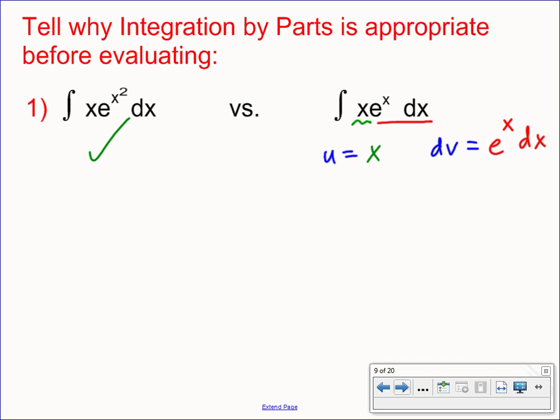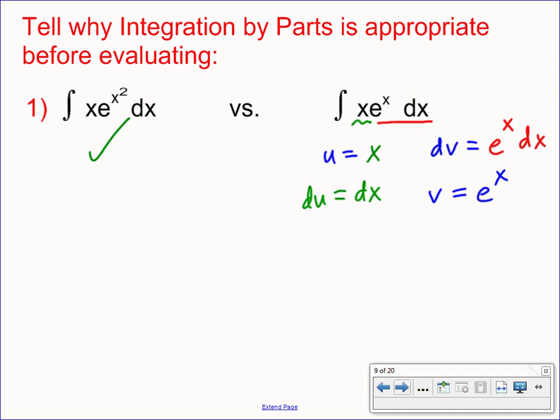Here we go. If u is given by x, then du is equal to dx. If dv is given by e to the x dx, then going up the ladder, that is, integrating both sides to generate v, I would find the integral of e to the x with respect to x. Can I do that? Yeah, what's the integral of e to the x with respect to x? E to the x.